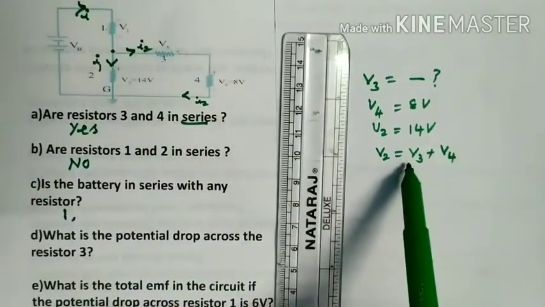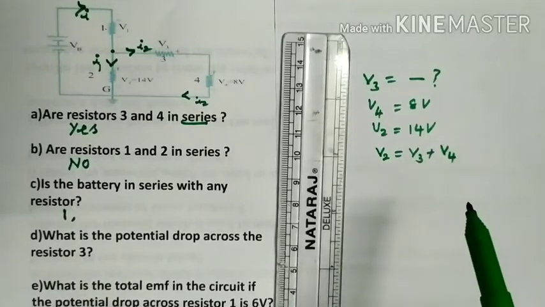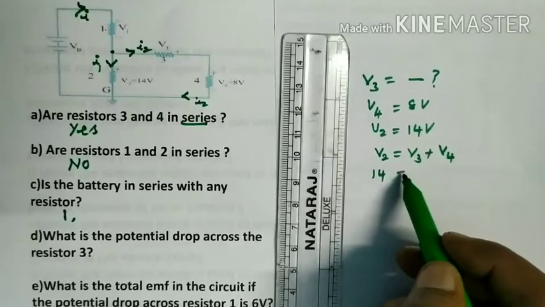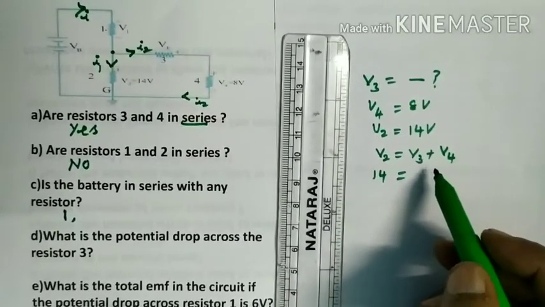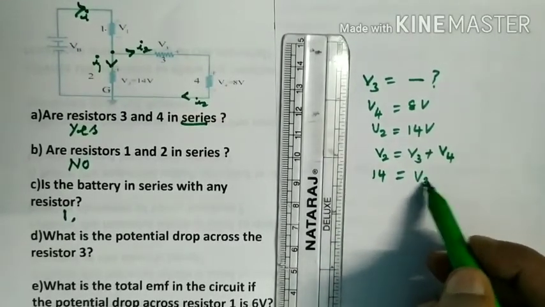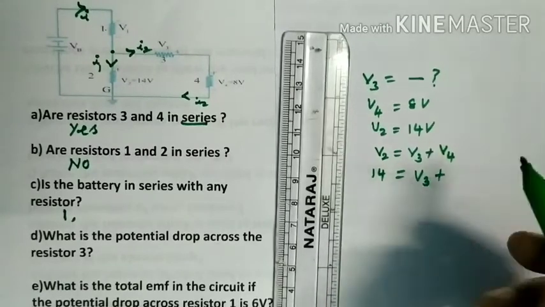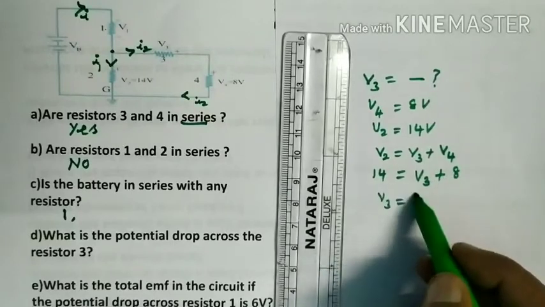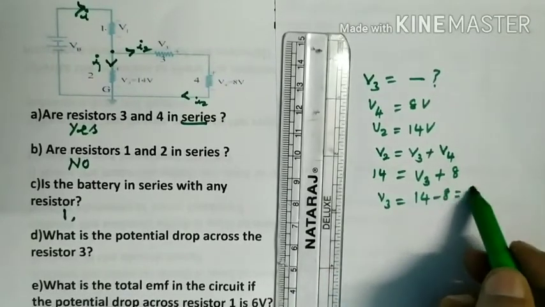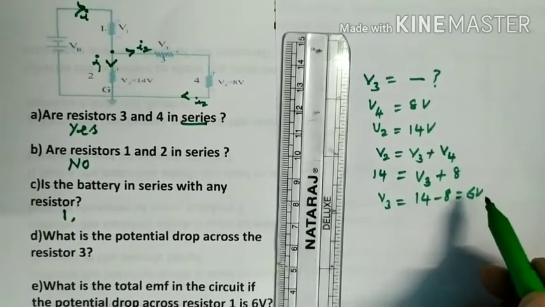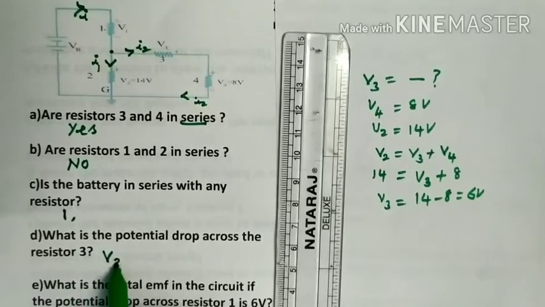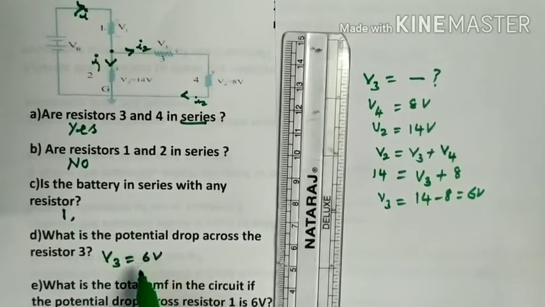So V2 is equal to V3 plus V4. Look at the given values: V2 is 14 volts, V3 is not given, so we have to find it out, V4 is equal to 8. So V3 is equal to 14 minus 8, that is equal to 6 volts. So the potential drop across resistor 3, that means V3, is equal to 6 volts.